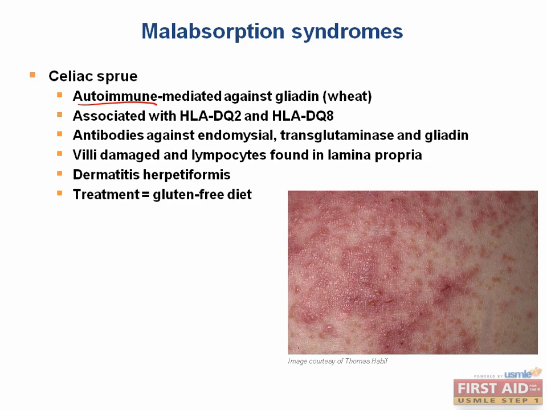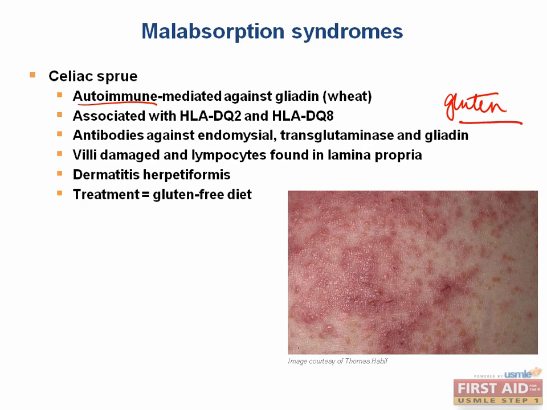The pathophysiology involves autoimmune intolerance to gliadin, which is a glycoprotein found in wheat and is the major component of gluten.